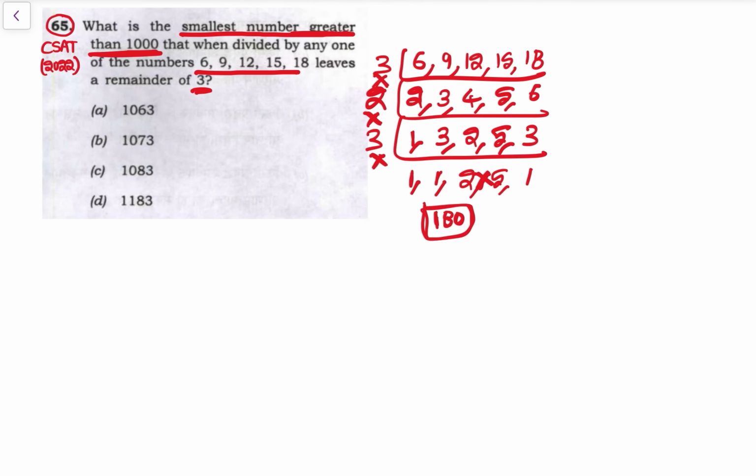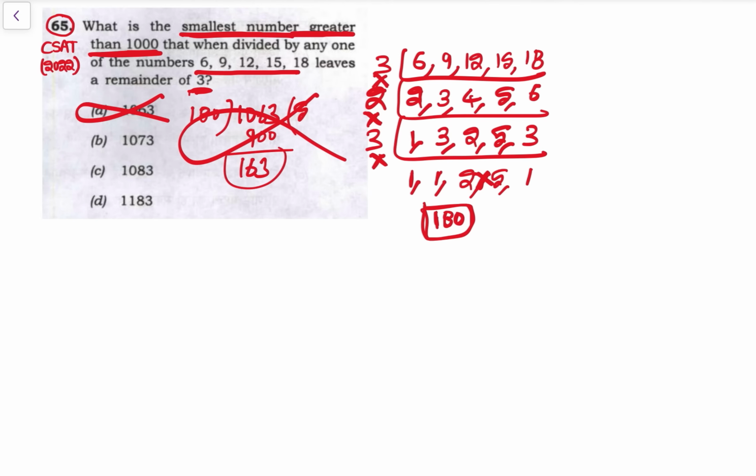Now divide by 180; we need remainder 3. So for the smallest number, first check with 1063. 180 into 5 is 900, so you get remainder 163, so this is not it, option A is not the answer.